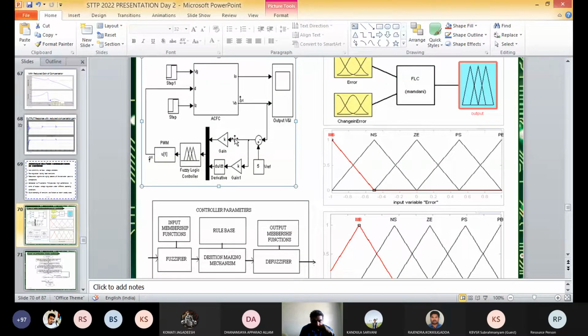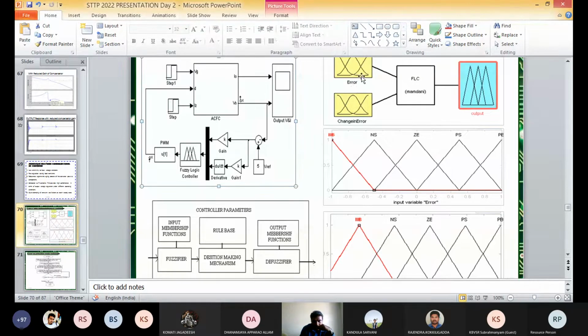One is the error signal, obtained by comparing the present output with the desired output value. The changing error we take by using a derivative term. The derivative of the error signal is the changing error signal. That means the inputs for this fuzzy logic controller are the error signal and the changing error signal.